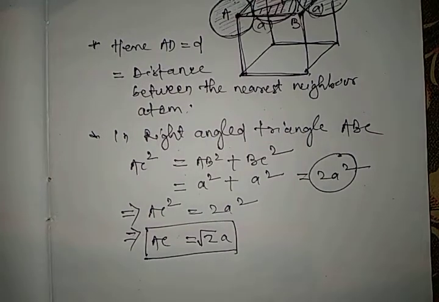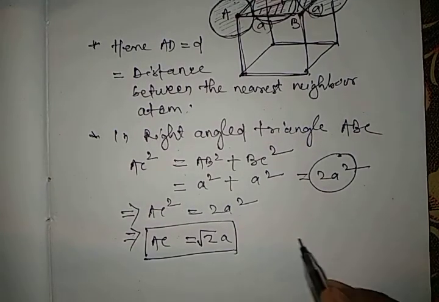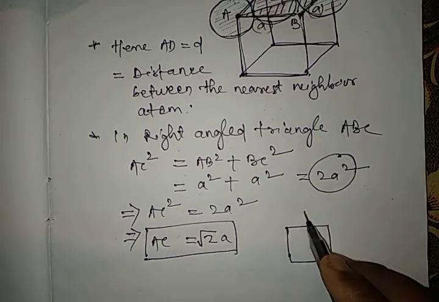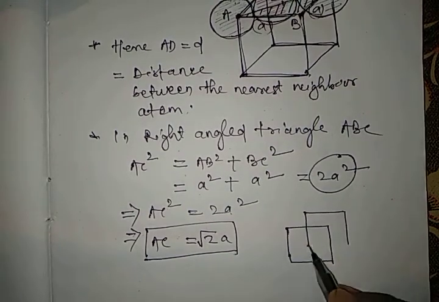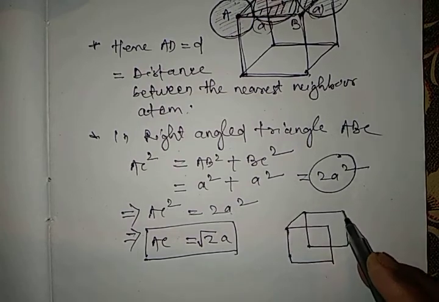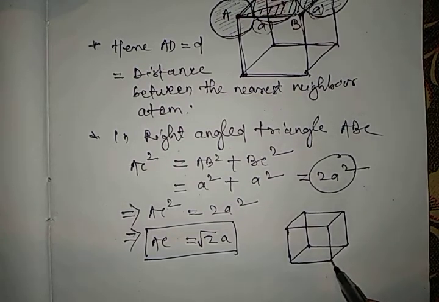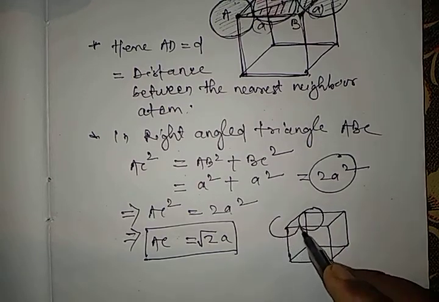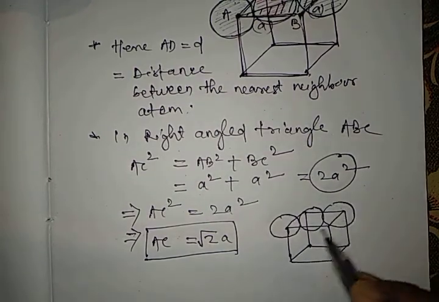So our structure of the FCC was like that. One atom was present at the center, one atom was here, and one atom is here.